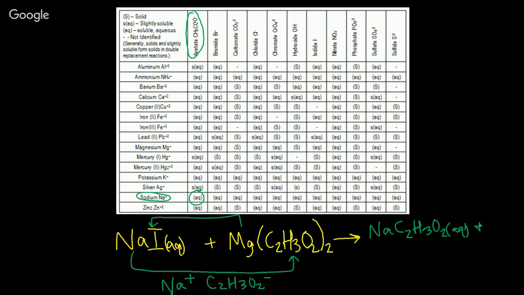Plus, and then we have magnesium, which is a +2, and iodide. Okay, so magnesium here going to iodide, and that's aqueous. So in this example, after crossing the charges there, we end up making 2 aqueous compounds as products.